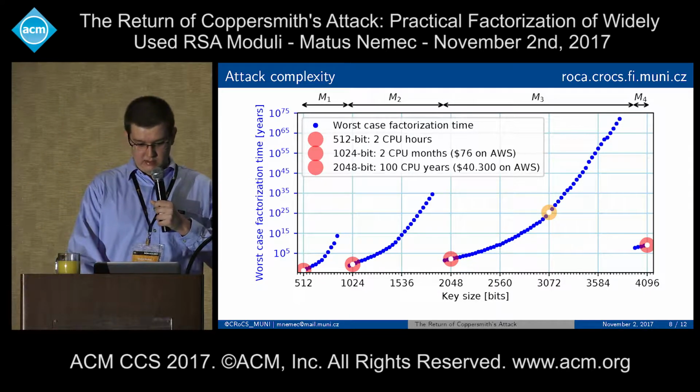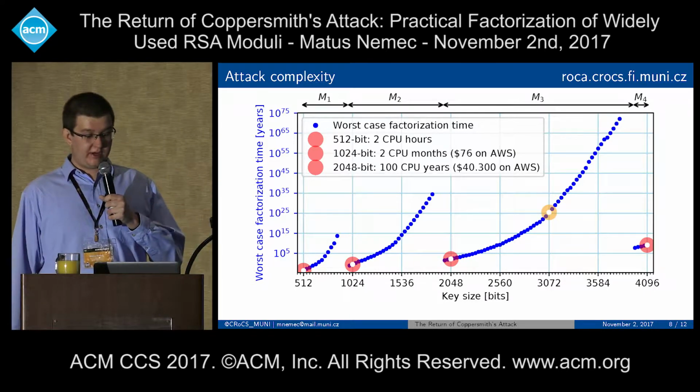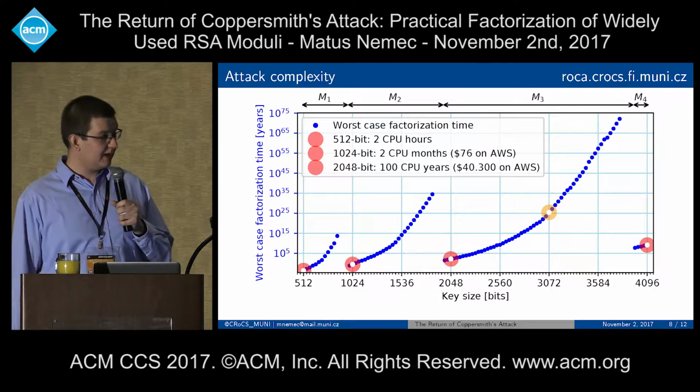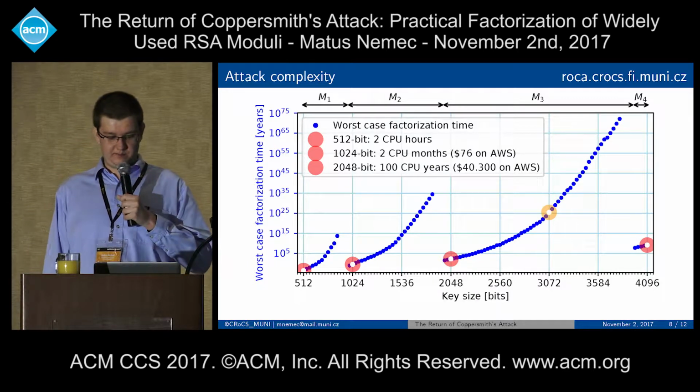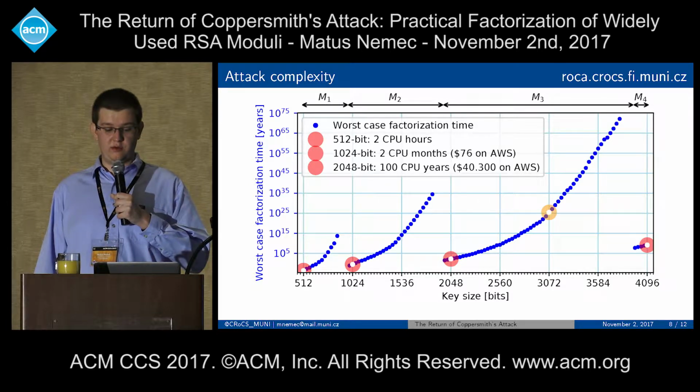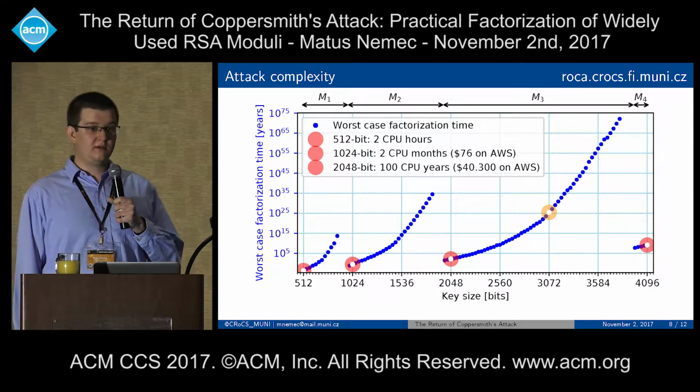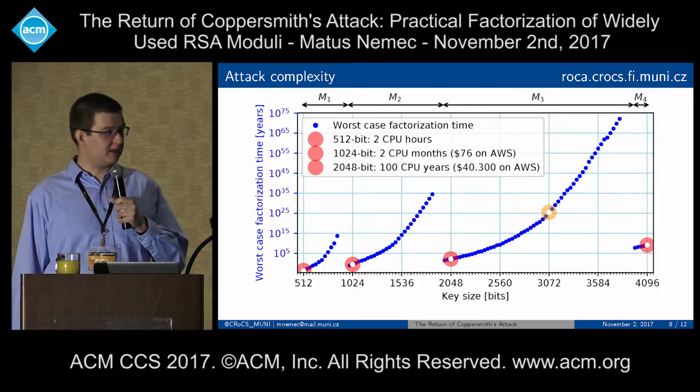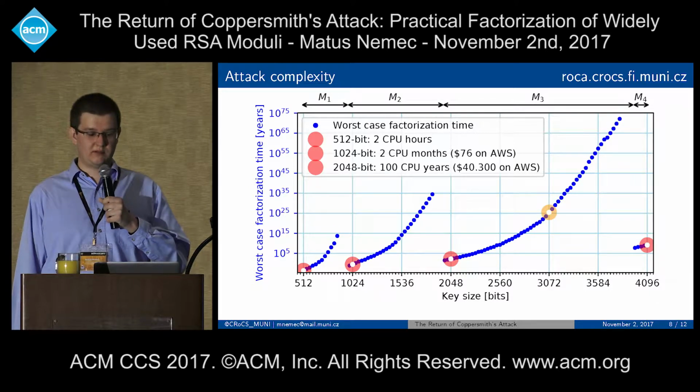However, for the 1 kilobit primes, for the 1 kilobit moduli, it drops again, meaning that they can be factored under 2 CPU months. This is equivalent to about $76 on Amazon Cloud.